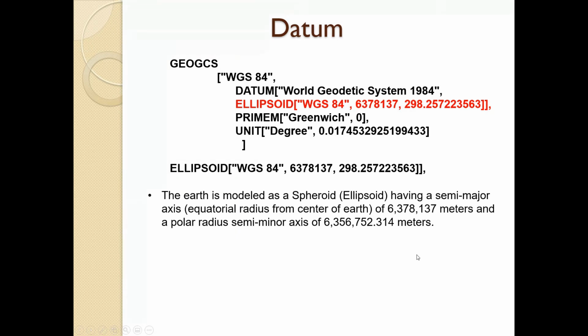And what that means is that there's something called a semi-major axis, which is the equatorial radius from the center of the Earth, which is 6,378,137 meters. The radius is. So as you multiply by 2, you get the whole diameter, which we explained in the beginning of this video series. And there's something called a semi-minor axis, which is 6,356,752.314 meters.